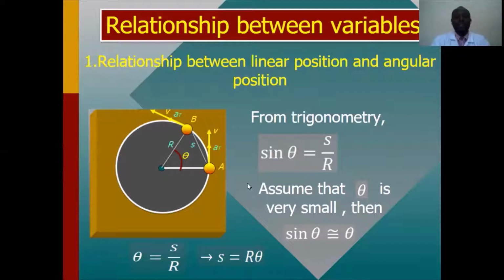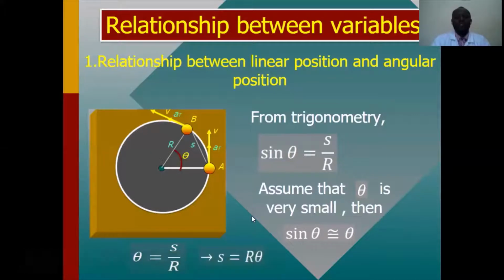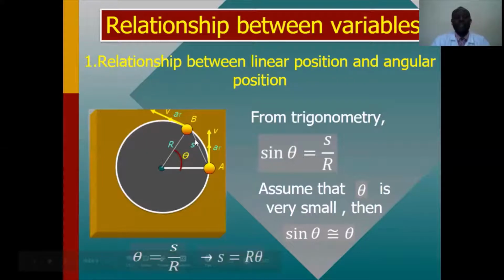So that means that s, linear displacement, is directly proportional to the angular displacement theta. The coefficient of proportionality is the radius r. It means if the linear displacement s increases, the angular displacement theta also will increase.